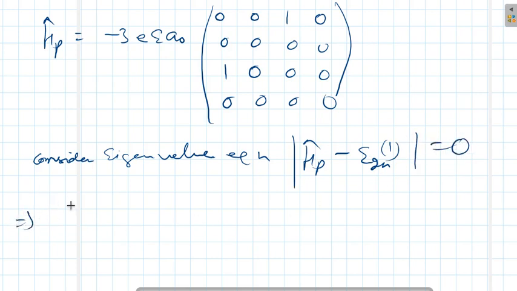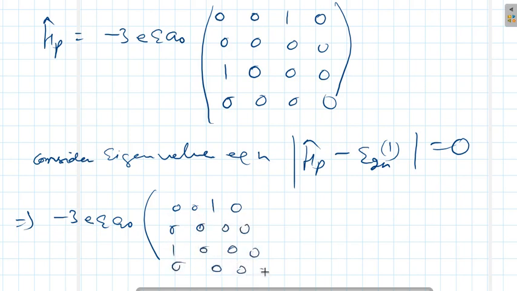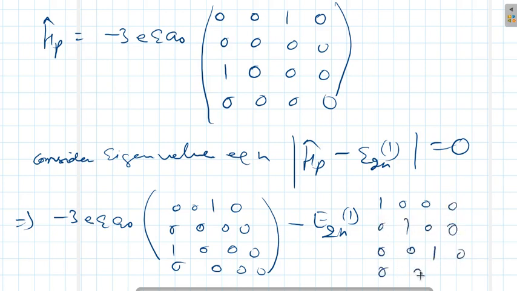That means minus 3e epsilon a0 times the matrix with 1 in the off-diagonal positions, minus E_2^(1) times the 4 by 4 identity matrix, and the determinant will be equal to 0.